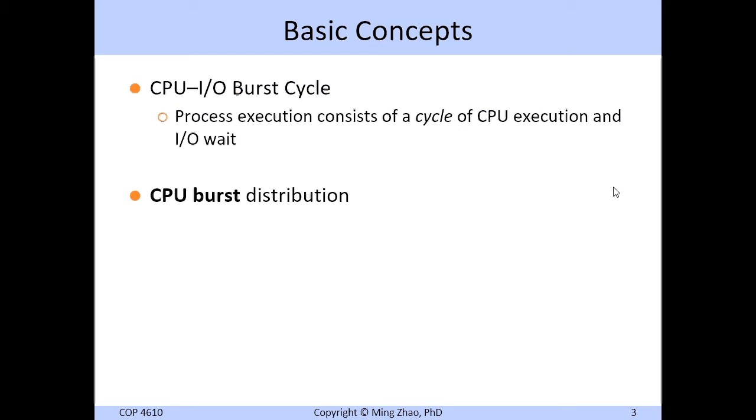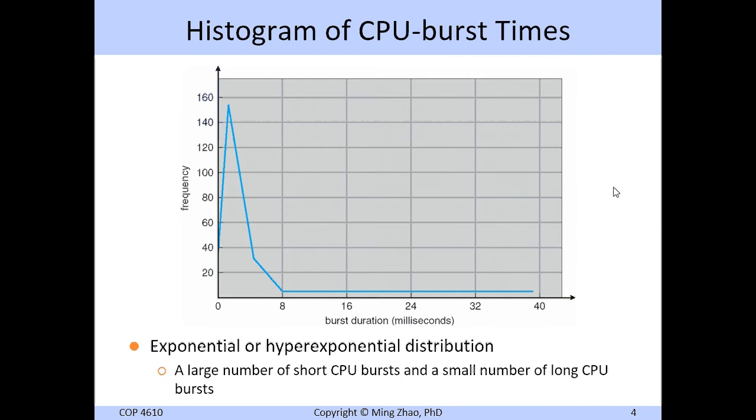If we measure the span of the CPU burst of a process, and do that for all the processes on the computer, we can illustrate the distribution of the CPU burst duration using a histogram. Everybody understand what a histogram is? It shows the frequency of different values of a particular variable.